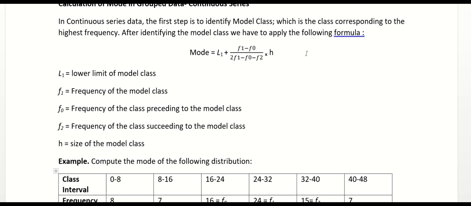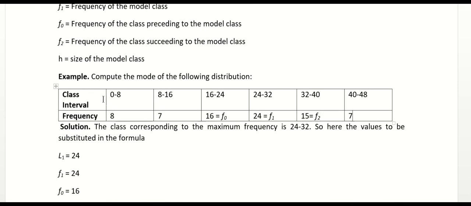Now how will we identify which value is F1, F0 or F2? When you look at the frequencies, the highest value in the frequency is called F1. You can see 8, 7, 16, 24, 15 and 7. So the highest value is 24. So here 24 is F1, right?